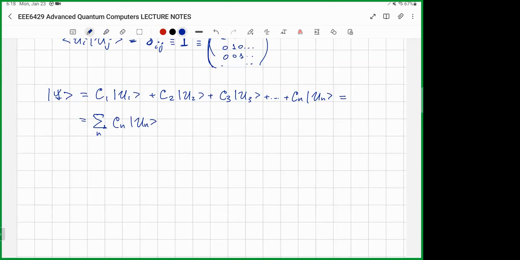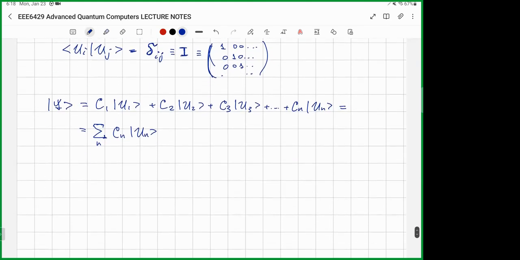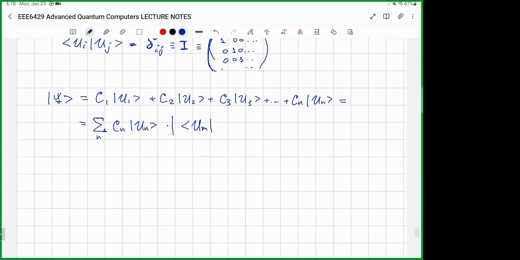So now in order to find the coefficients, these projection coefficients, I multiply this by the bra vector m. So m can be any vector from this basis.